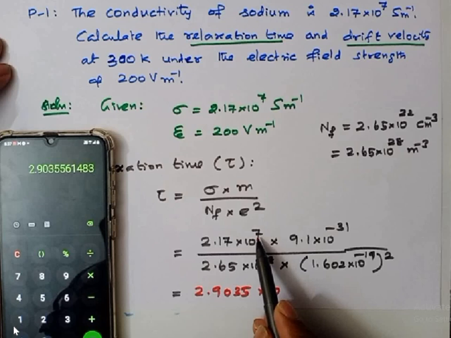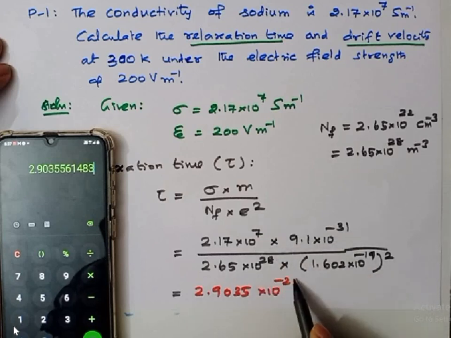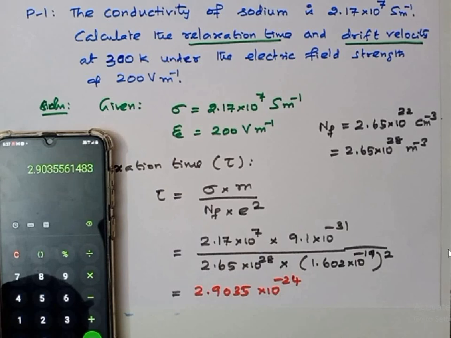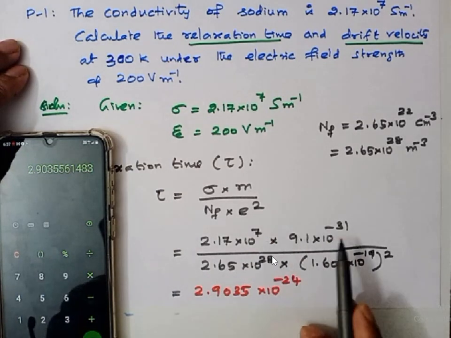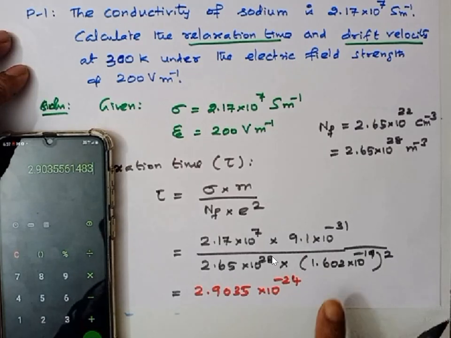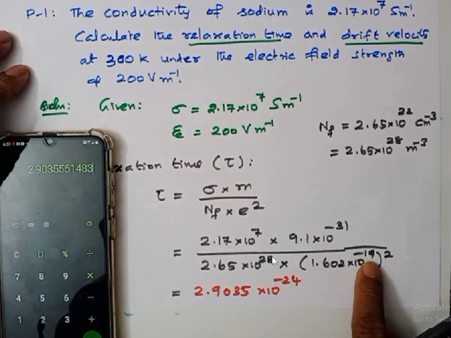See, here we have plus 7, here we have minus 31, so this will become 10 power minus 24, correct? 10 power 7 and here we have 10 power minus 31, so this becomes 10 power minus 24, and here we have 10 power minus 38 in the denominator.